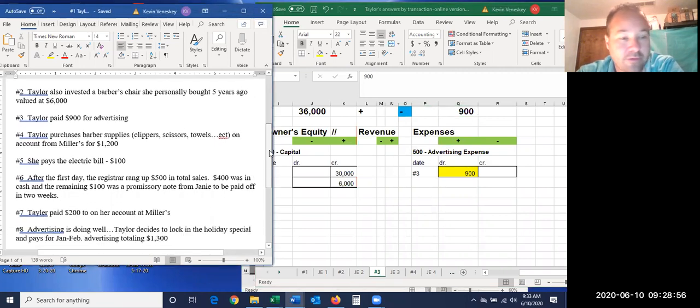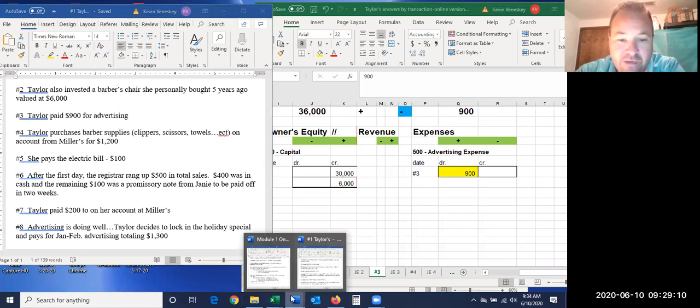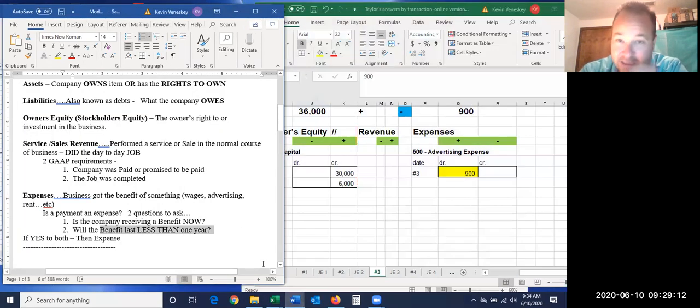Okay, number 4, Tyler purchases some supplies. That's the key word here, supplies, on account from Miller for $1,200. Now, we just got the supplies. We haven't actually used them yet. So that's why we don't necessarily expense them, and this is how the questions in the book will go too. We would ask, are we receiving the benefit of those supplies right now?